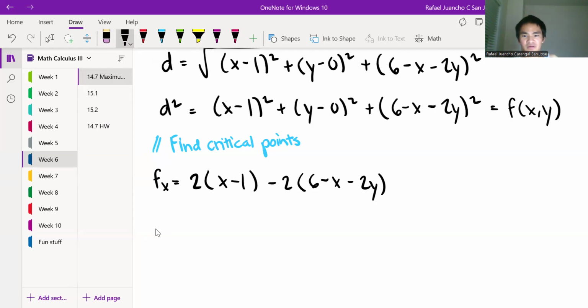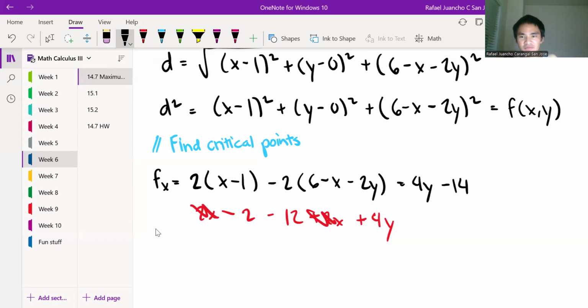And then from there, I got 2x minus 2 minus 12 plus 2x plus 4y. Cancel, cancel. Here I get 4y minus 14. Oh, this was a plus. My bad. 4x plus 4y. Oops. Minus 14.